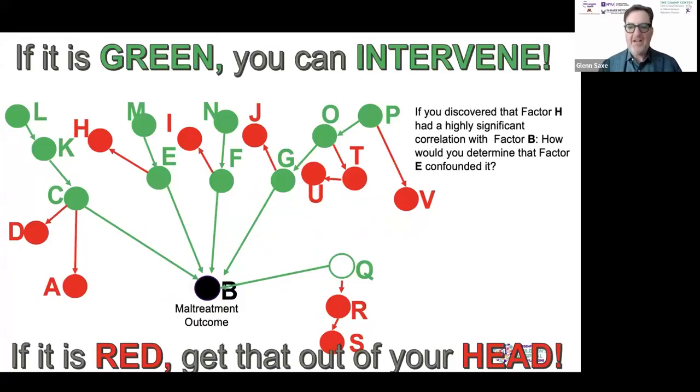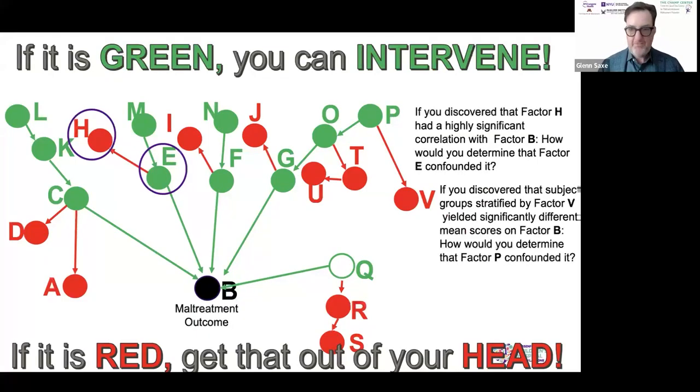If you discovered that factor H had a highly significant correlation with factor B, how would you determine that factor E confounded it? Because you would need to know that, or else you'd write a paper talking about H's intervention implications, which happens so often.